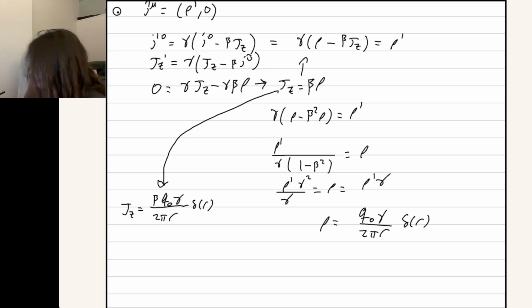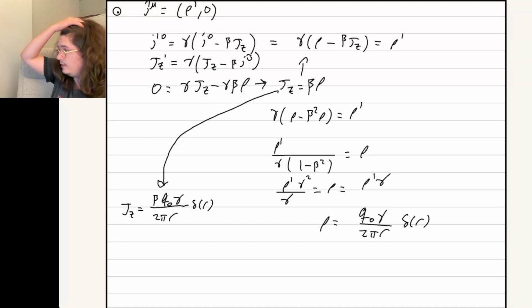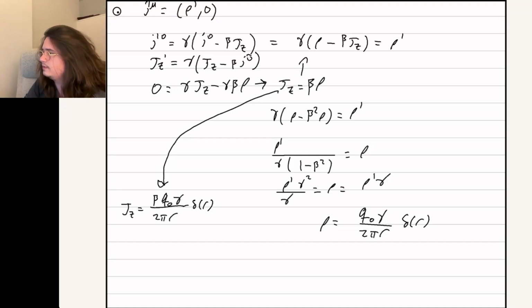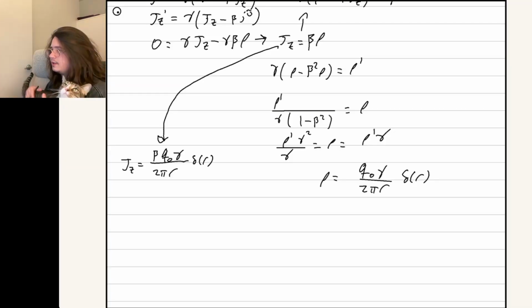Okay, now we need to then recalculate what the electric fields and B fields are in the laboratory frame. We need to calculate the electric fields and the magnetic fields in the laboratory frame. And to do that, I said that the electric field will now just be calculated by doing the same thing as before.